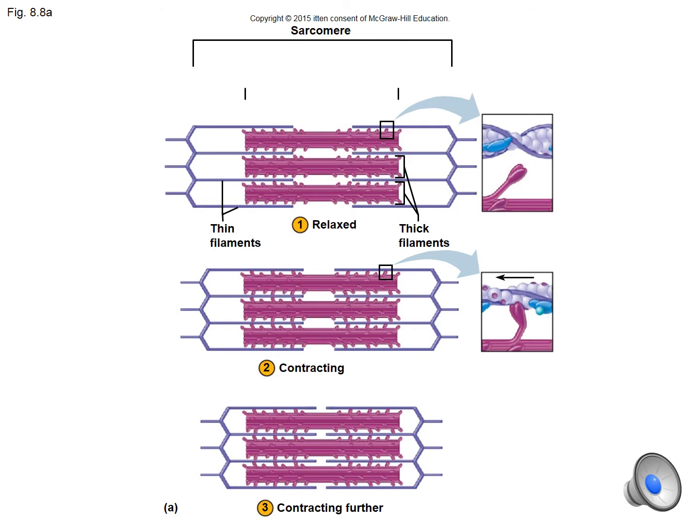As a muscle contracts, you'll see in pictures 2 and 3 that those thin filaments are pulling in towards the M line, and the width of the sarcomere is decreasing. The picture on the right shows that as we have muscle contraction, the myosin is starting to touch the actin.